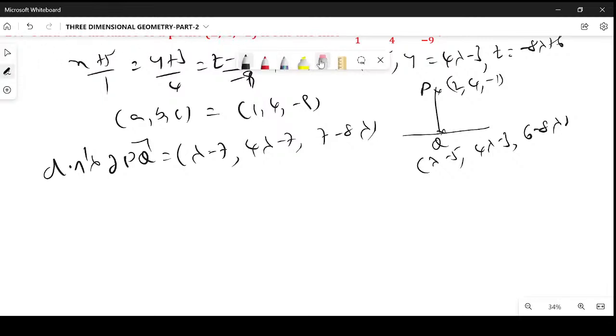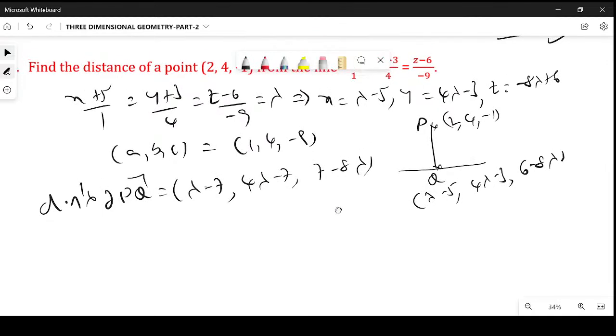Observe here, this is minus 9. So automatically this is minus 9. This point will change, right? They have written this by mistake. Here also you can see. I can write here, this point is minus lambda.